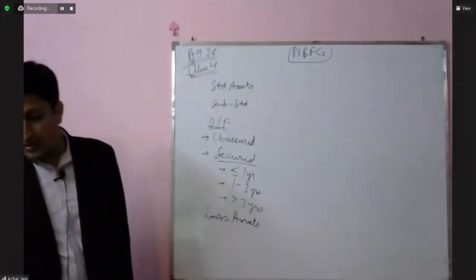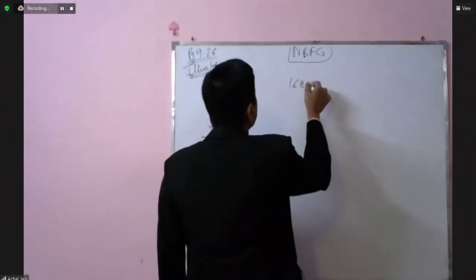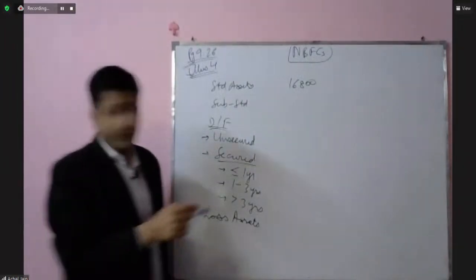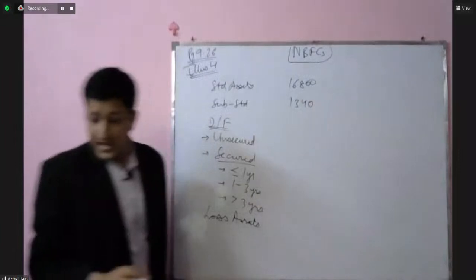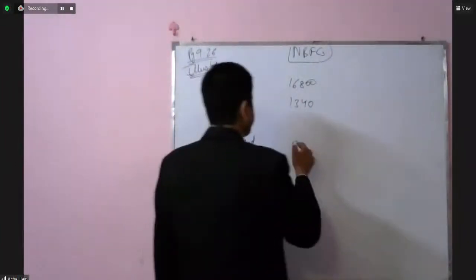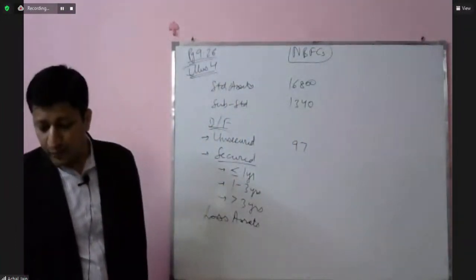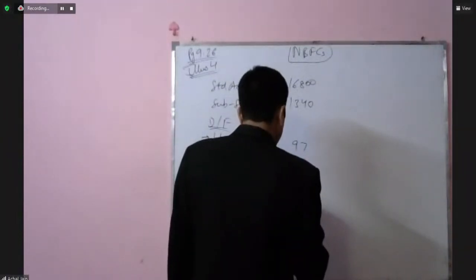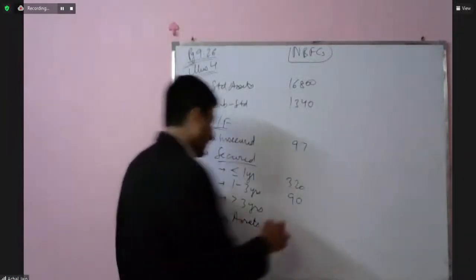And what's the amount? 16,800 over here. Then we have 1340. Then the unsecured portion is 97. For the secured portion, we have 320, 90, 320, 90, 30, and 40.